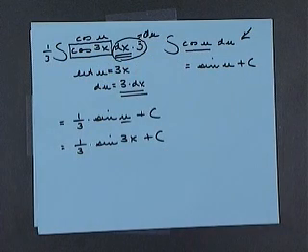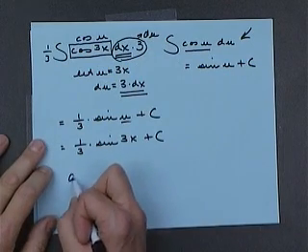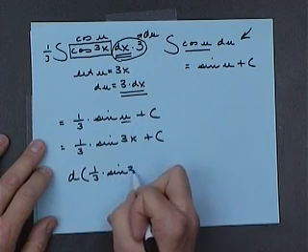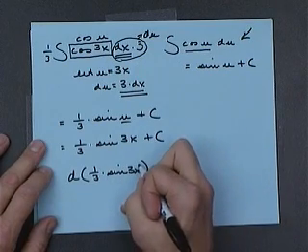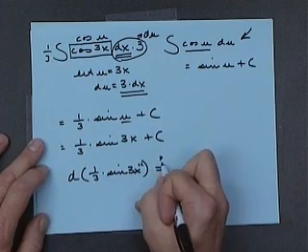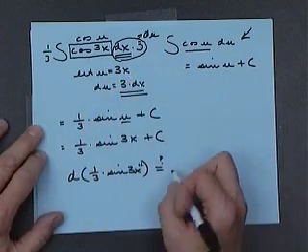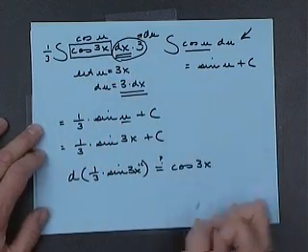And anytime you doubt an answer, don't you have a built-in check? Take the derivative. So if you take the derivative of this, plus c, what should it be? It should be the original integrand before we started doctoring things up, right? So it should be cosine 3x.